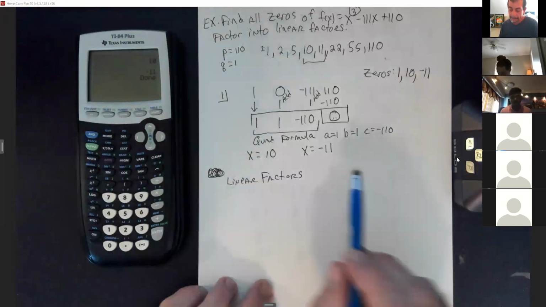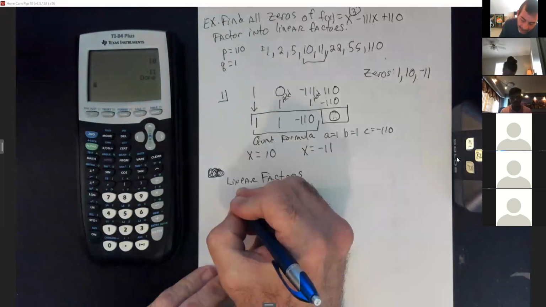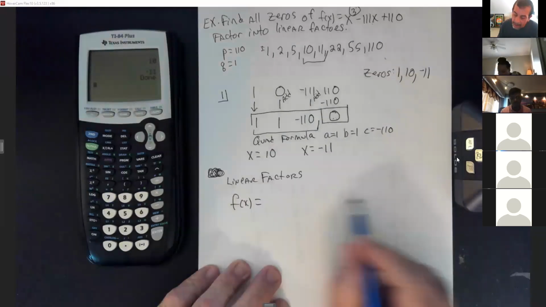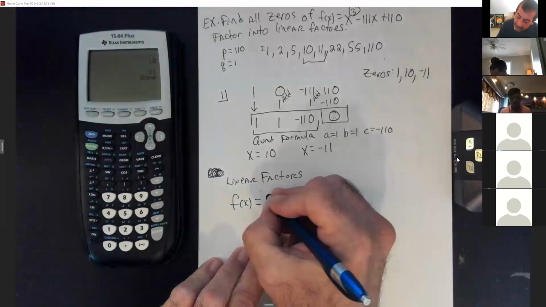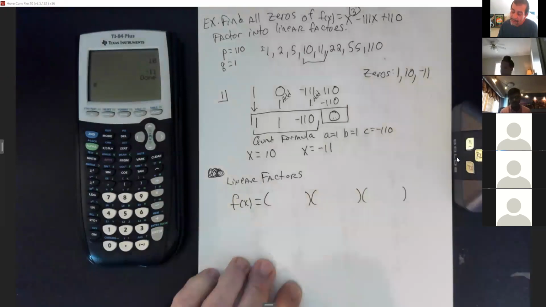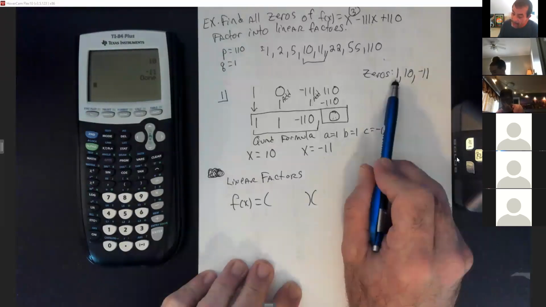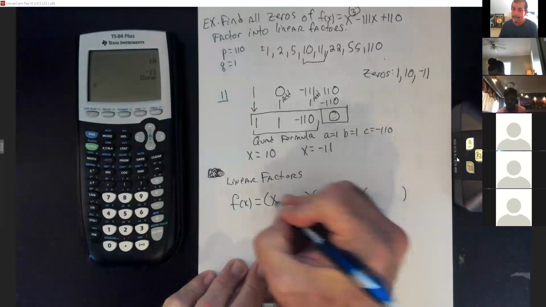So now for linear factors, they're going to have f of x equals, and then we got to put the answer in. So since we got 3 zeros, we need 3 sets of parentheses here. And what happens when you put them into linear factors, all we do is change the signs of our answers. So since that was a positive 1, we do x minus 1.